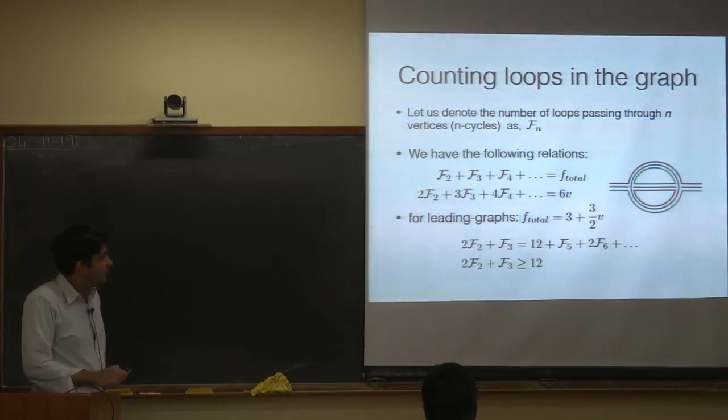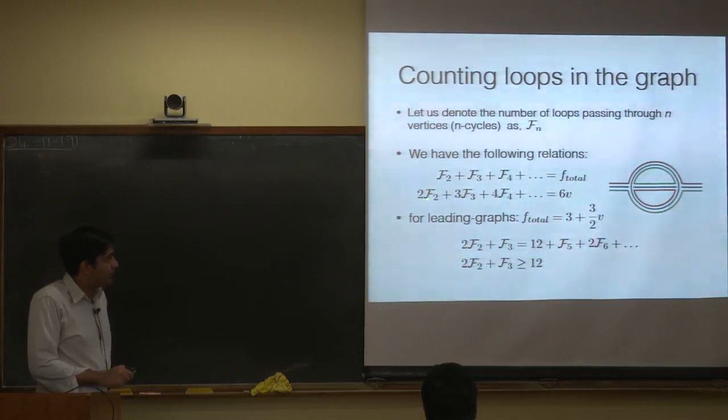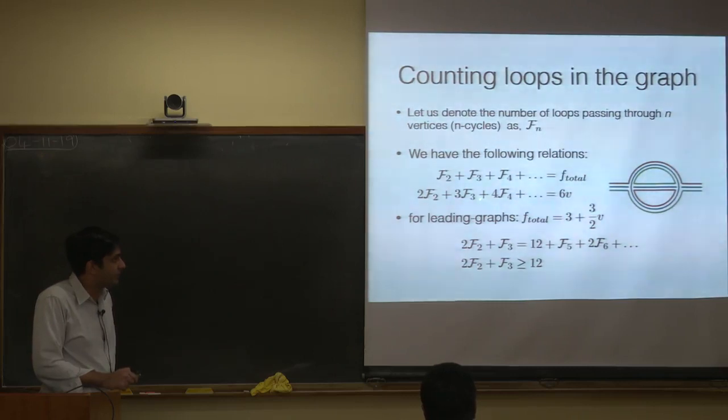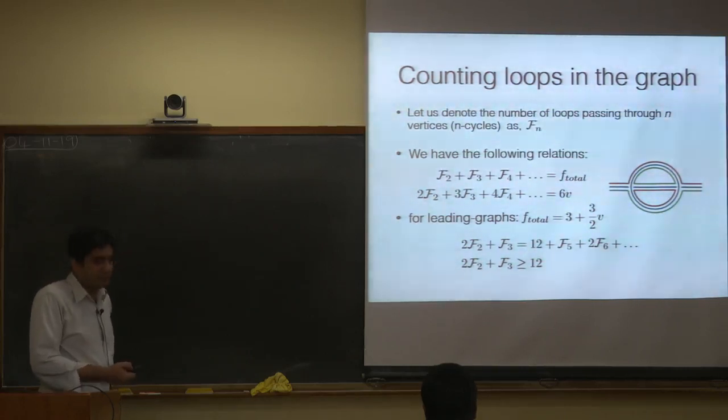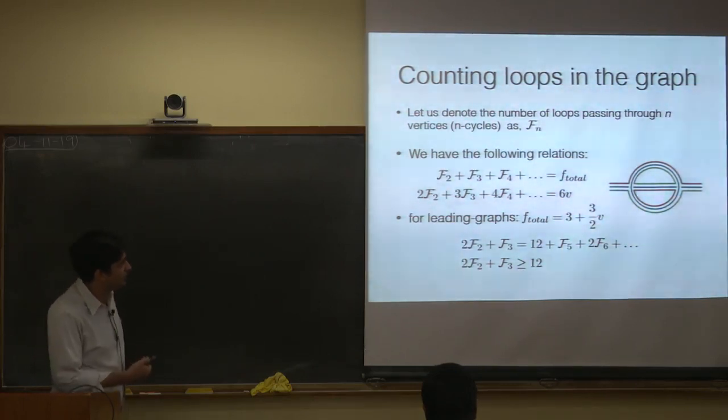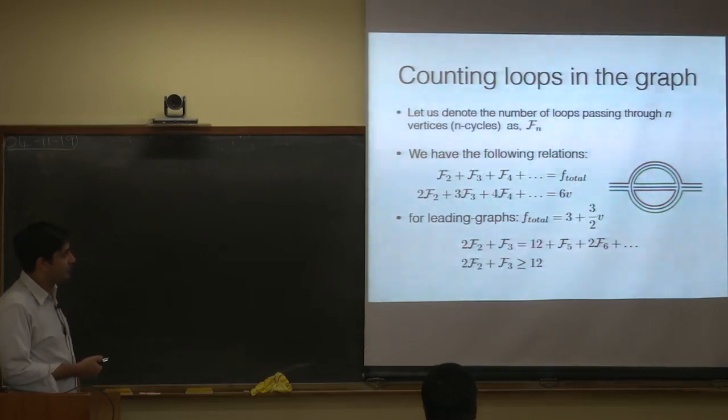And twice the number of loops passing through 2 vertices plus 3 times the number of loops passing through 3 vertices, etc., equals 6 times the total number of vertices, because if you look at a given vertex, there are a total of 6 lines passing through it: 1 blue loop, 1 red loop, and so on. Okay, so we have these 2 relations for the number of loops passing through n vertices.